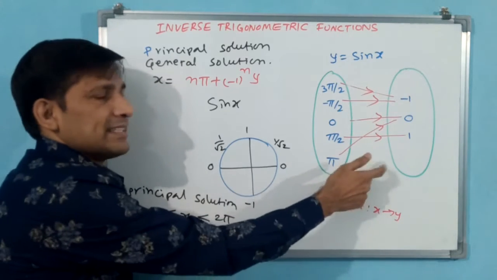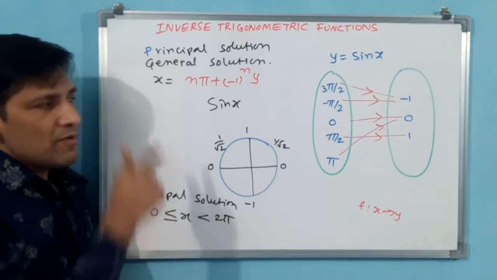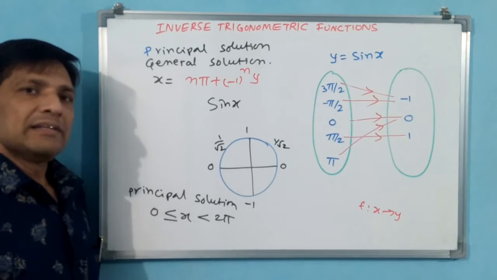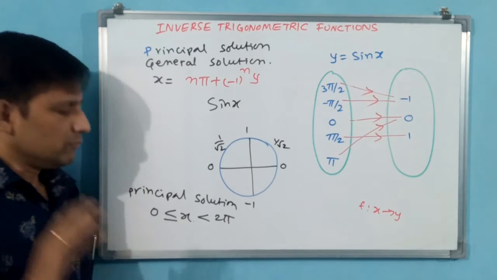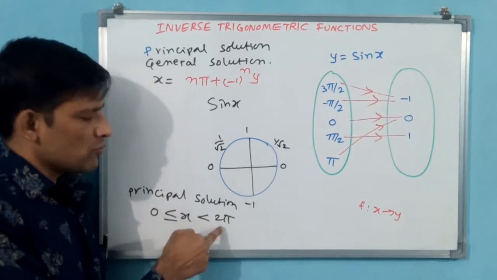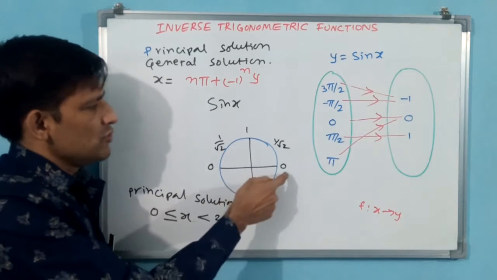Now, to make this an inverse, let us try whether the principal solution will work. For the principal solution, we have to take 0 to 2 pi.